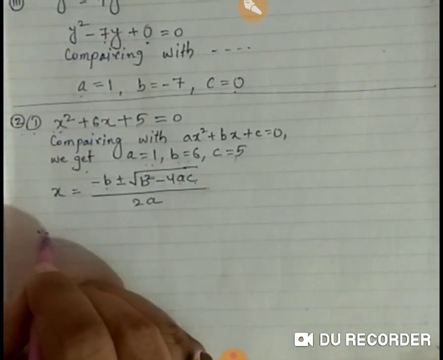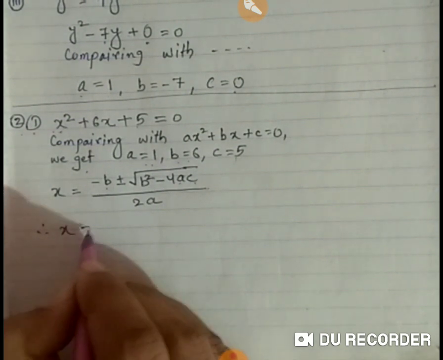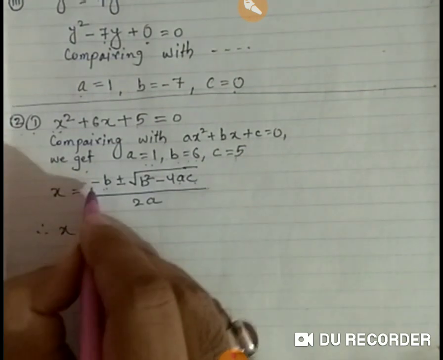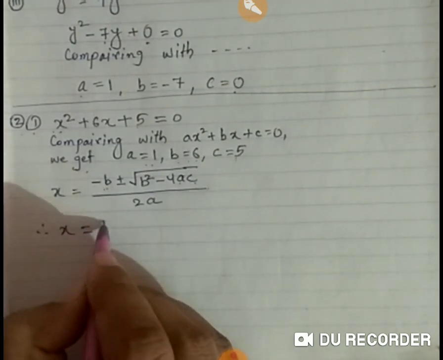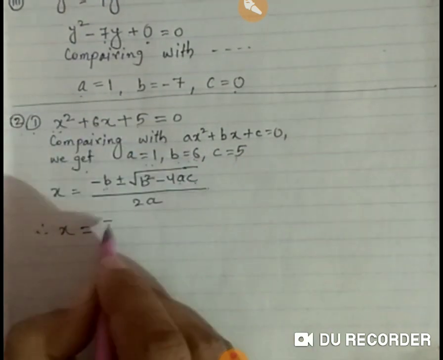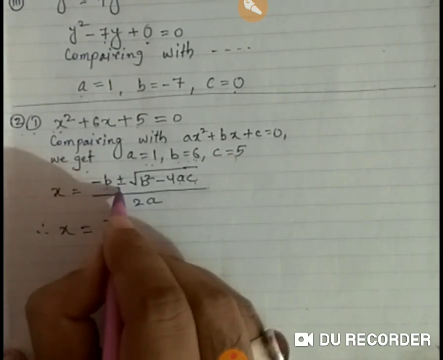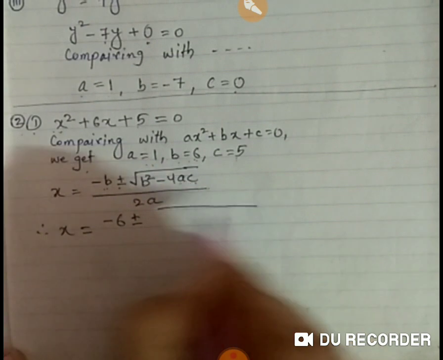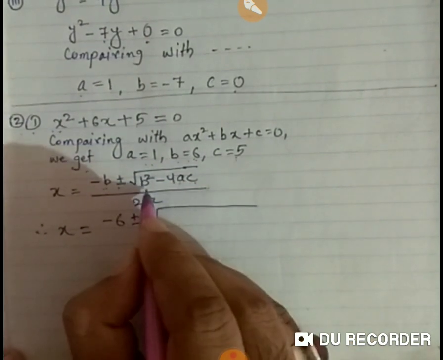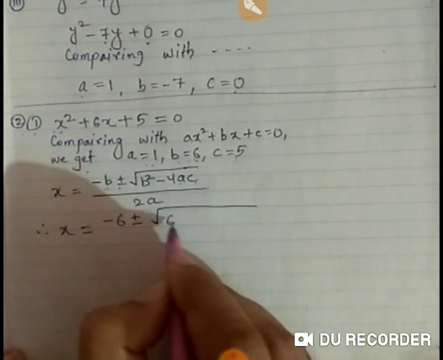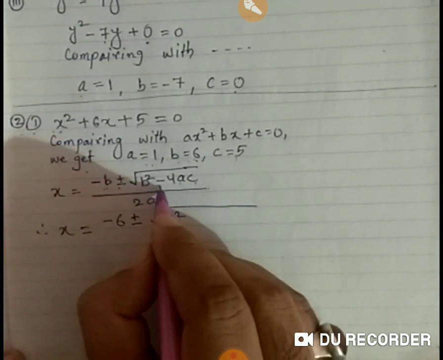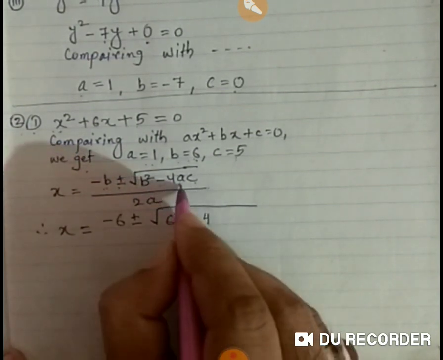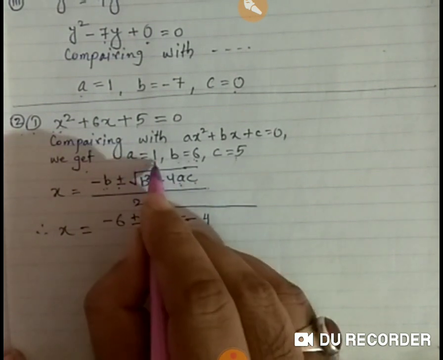So therefore, I can say x equals to minus b. So b is 6. Here we have a minus sign, so I'll write minus b, that is 6. Here we have plus minus, so I'll take plus minus root of b square, that is 6 square. Then again we have minus 4. After 4 we have a, so I'll take 1.